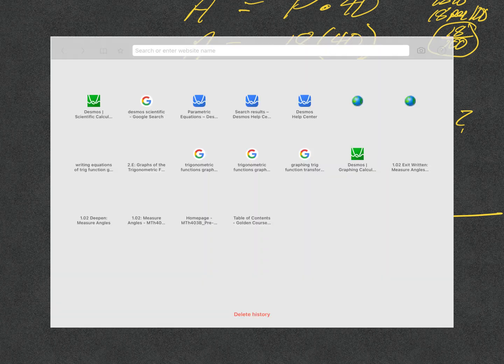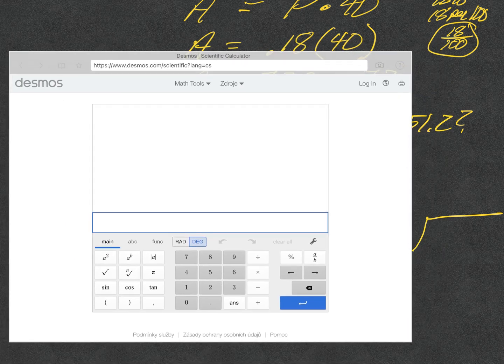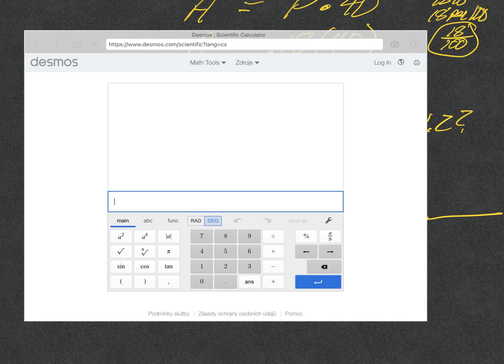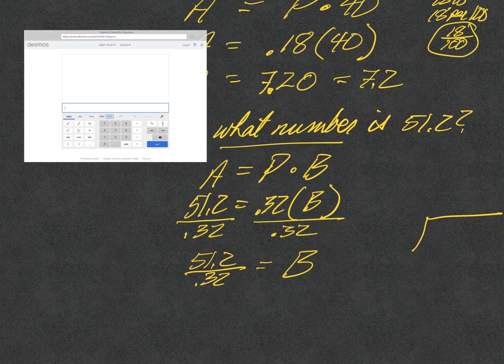I can do it on this. Let's go to the browser, and we'll do the Desmos Scientific Calculator, and there we go. And so now I will do 51.2 divided by 0.32.